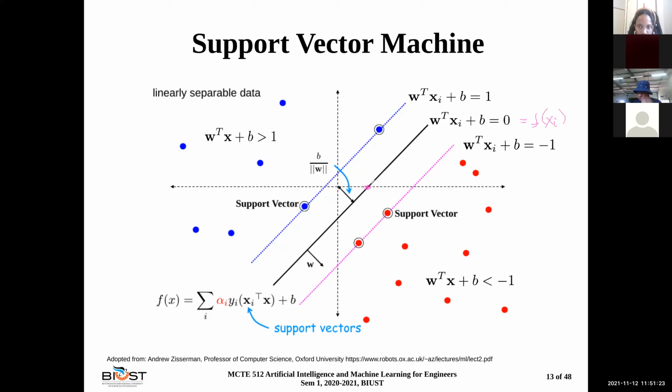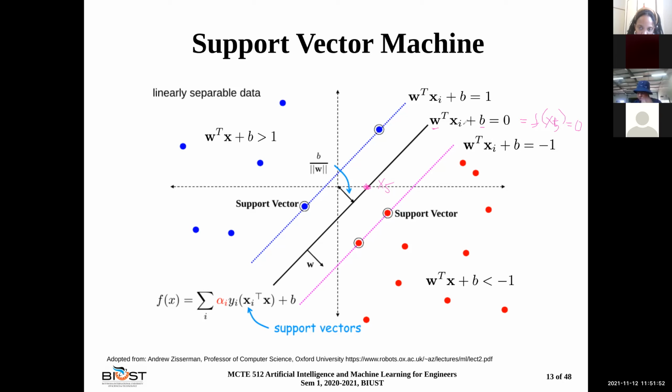Let's say for example this is x5. If you evaluate f of x5, it should be equal to 0. If it is not equal to 0, then that means you don't have the correct W and b. So you need to find the correct W and b that will make x5 equal to 0.